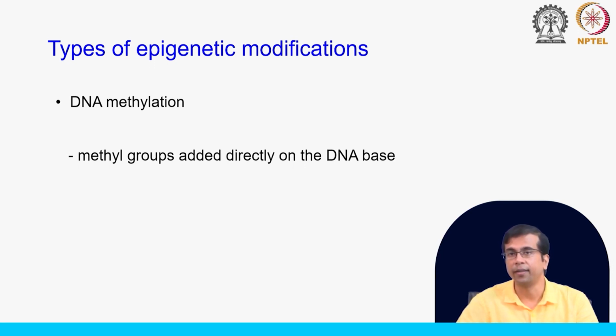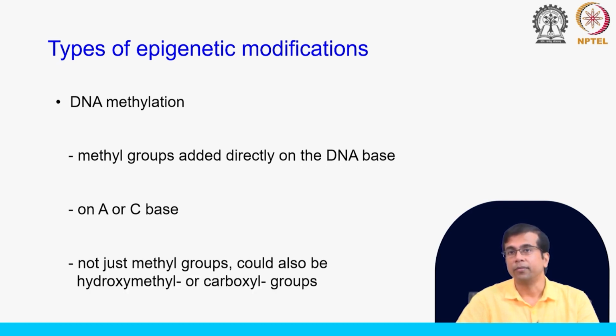If you have the DNA strand, you have these methyl groups added to the bases, and most of these additions happen on A or C bases. This is commonly studied, and we have seen it in prokaryotes as well as in eukaryotic systems. What we also see now is that these are not just methyl groups, there could also be hydroxymethyl or carboxyl groups added on top of these bases.